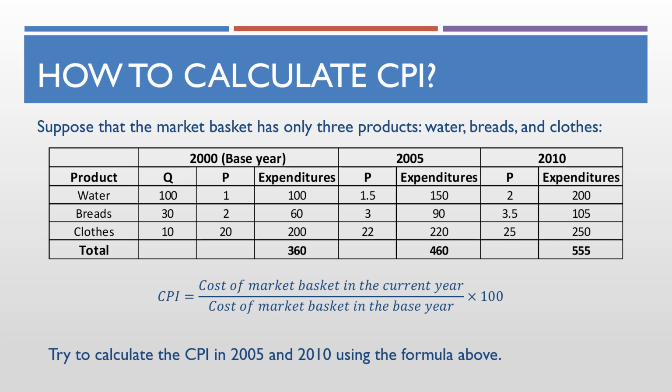In 2010, the same. We replace the numerator with 555, divide by 360, and then times 100. So you can give yourself a little time to try calculating the CPI in 2005 and 2010, just as practice.